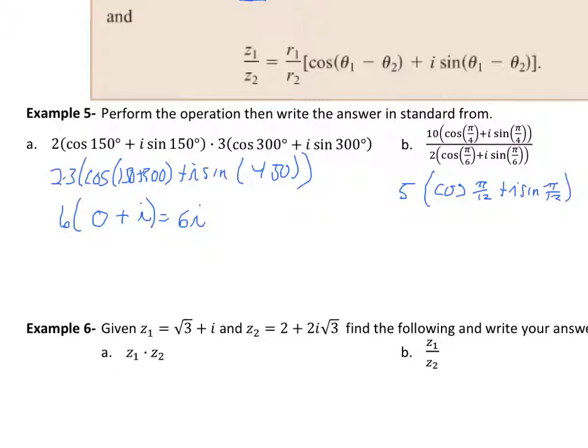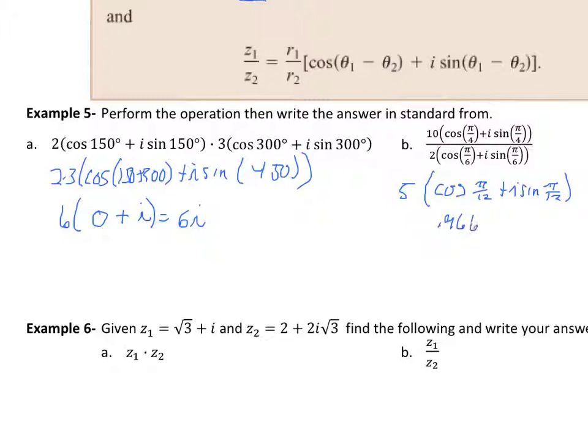When you use your calculators, make sure you put them in radian mode. Don't leave them in degree mode. Cosine of pi over 12. Ethan, what do we got? 0.966.